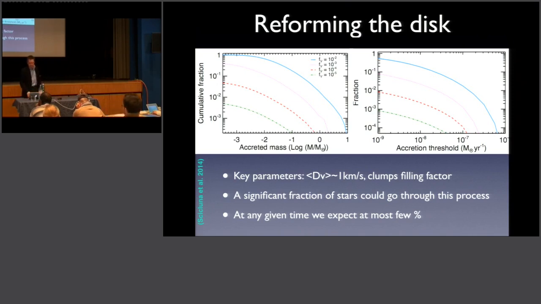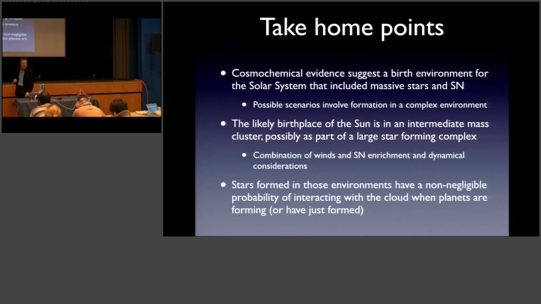Okay, so this is not a totally impossible process. It may happen. What this implies, if you had a planetary system around and you are reaccreting a disk, the mess that you create is not obvious. So it's not obvious how much it will survive, but this is a process that could happen in some cases.